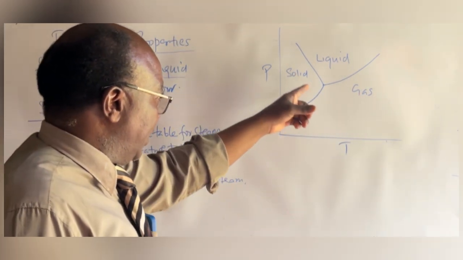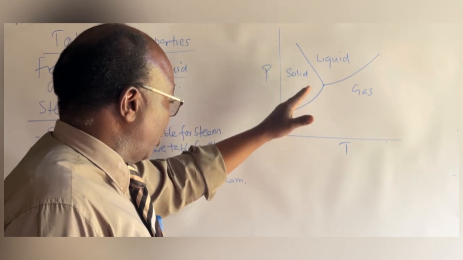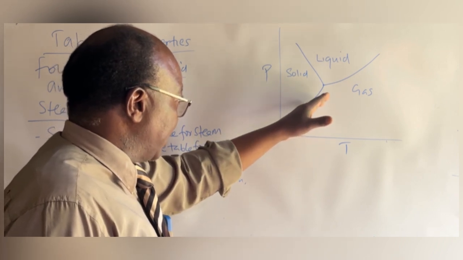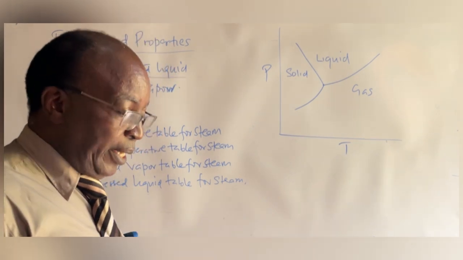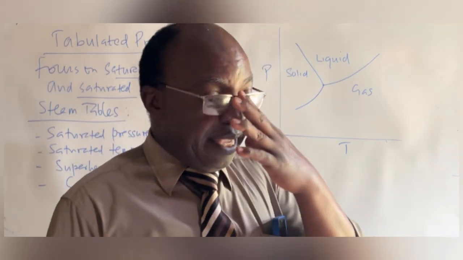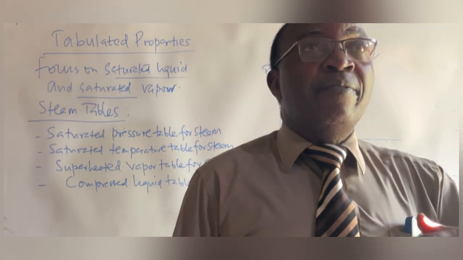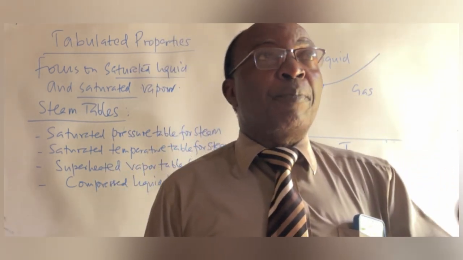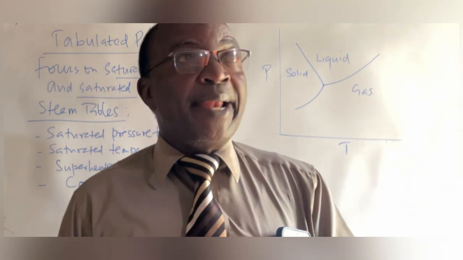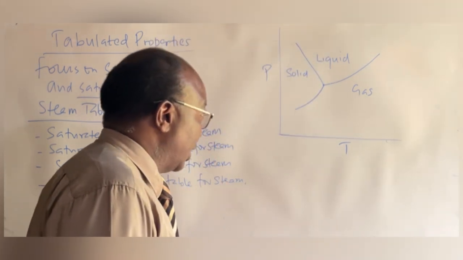On the solid-gas curve, the chemical potential in the solid is the same as in the gas. We talked about stability of these phases as being based on the chemical potential. The phase with the least chemical potential is the one which is stable under ambient conditions.